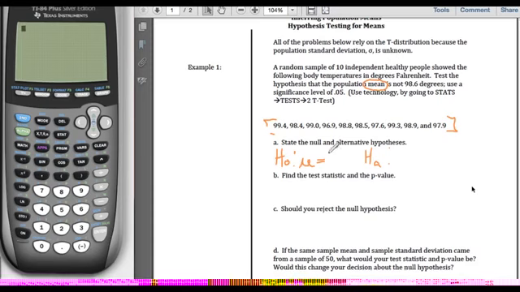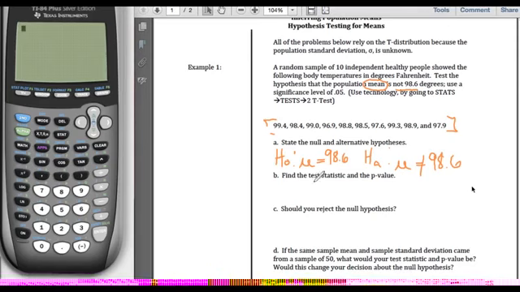So our baseline is that the average body temperature is 98.6. The alternative that we're testing is the mean is not 98.6. So there's a mu still, there's a 98.6, but it doesn't specify that it's greater than or less than, so I'll use the not equal to symbol. I want to see, well, what does this data show us?